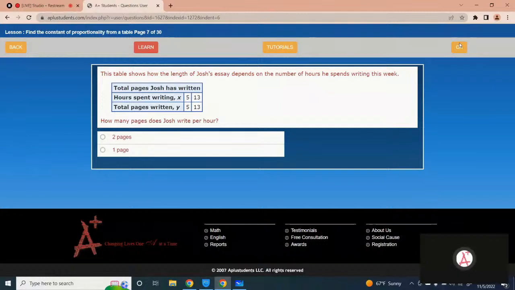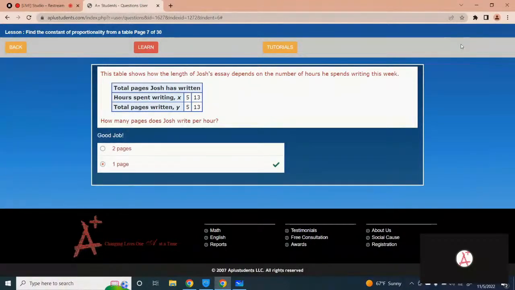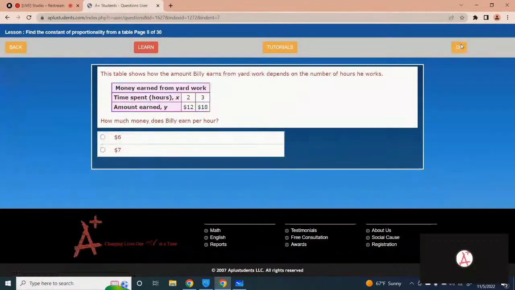So it would be 5 divided by 5 is 1, and then 13 divided by 13 is 1 page. Very good. So just select the correct option, then click on the OK button.